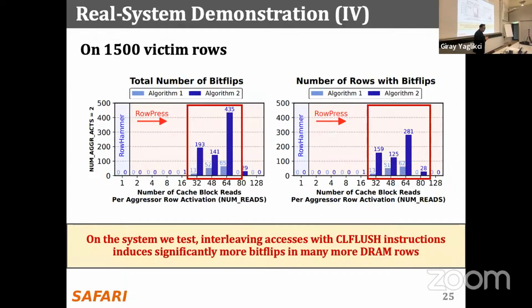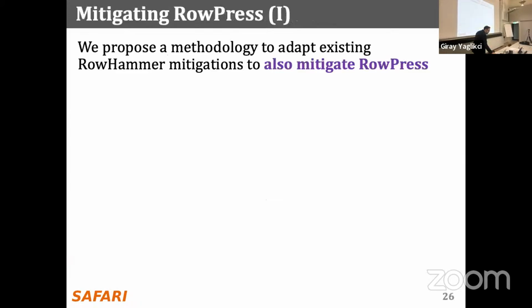This actually changed a lot of things because it reduces the necessary activation count for those bit flips quite a bit. If your RowHammer mitigation mechanism is configured for an activation count of, let's say, 500, and by using this you can induce bit flips at 300 activations, now you can just bypass them, right? So there is a lot of opportunity from a system-level research perspective as well.